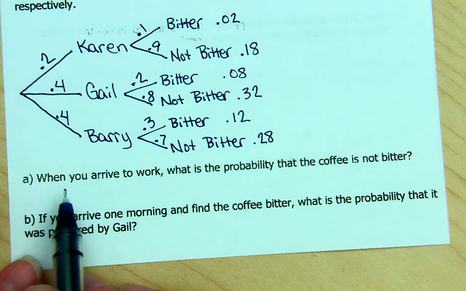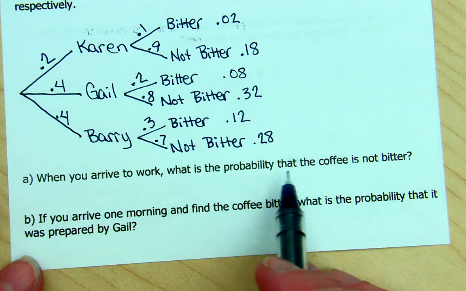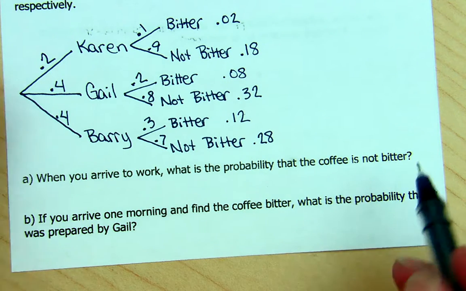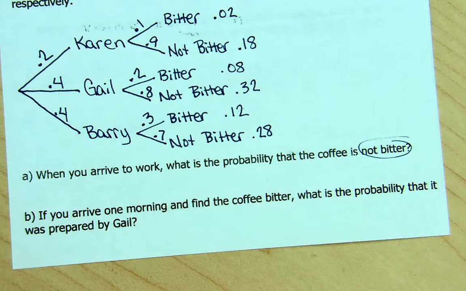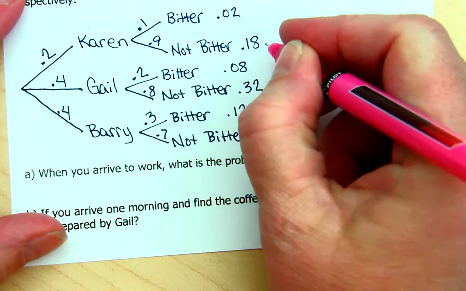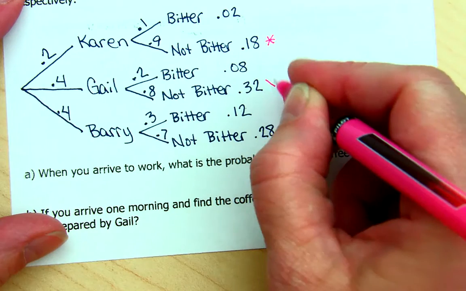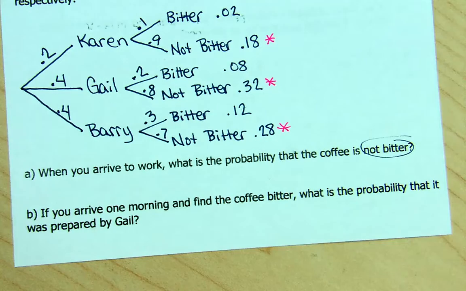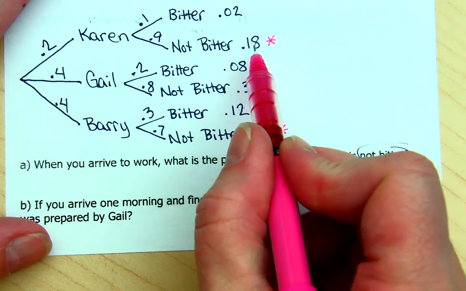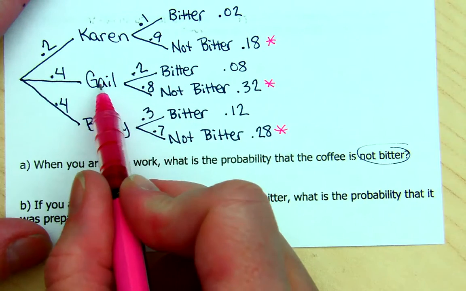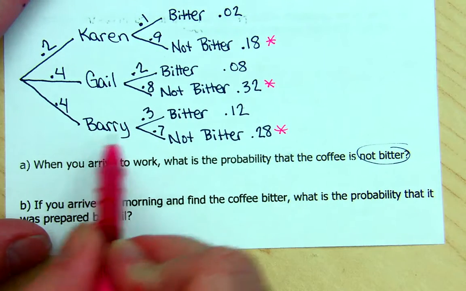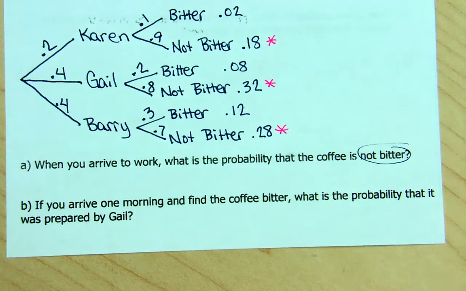So part A says, when you arrive to work, what is the probability the coffee is not bitter? So we want to look at all the times it's not bitter. So for not bitter, I'm going to look here, here, and here, and just add those together. Because it could be that Karen made it and it's not bitter, or Gail made it and it's not bitter, or Barry made it not bitter.